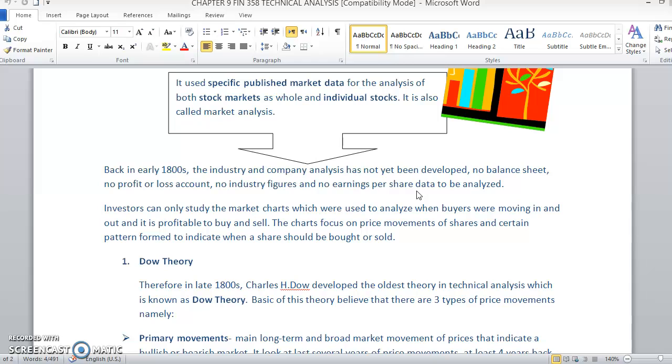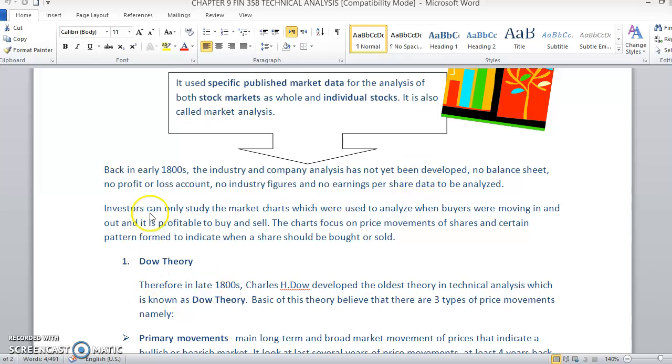Unlike right now, you can just go to the Bursa Malaysia website and download the annual report of the company with the complete balance sheet and complete profit or loss account for us to analyze the company's data. But in the early 1800s, they started trading the share, but the proper balance sheet or proper figures about the company were not yet being published during that time.